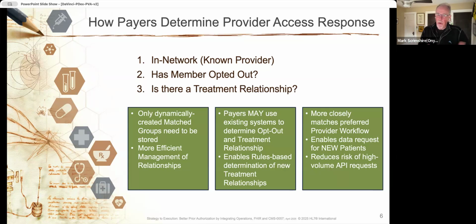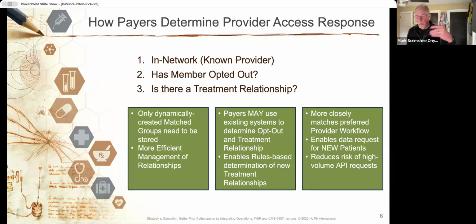You don't have to export all that data and create these frequently changing group resources. So it becomes easier for implementers to choose the right implementation model. We certainly provide the models for creating the appropriate groups, but we're not requiring them to be used as such.